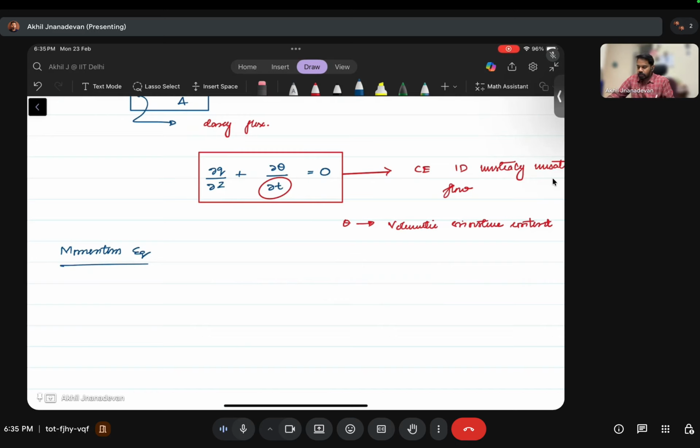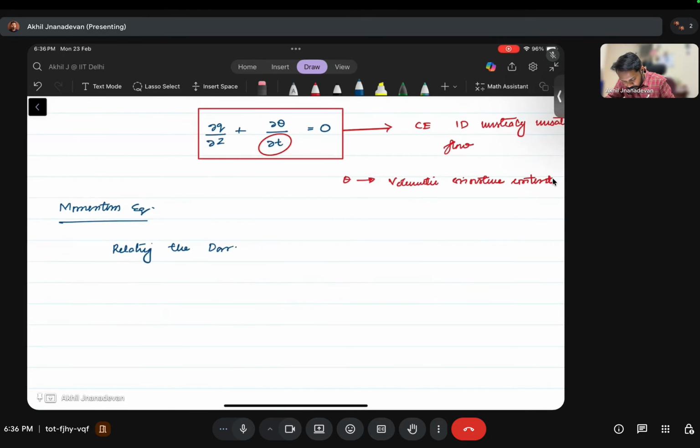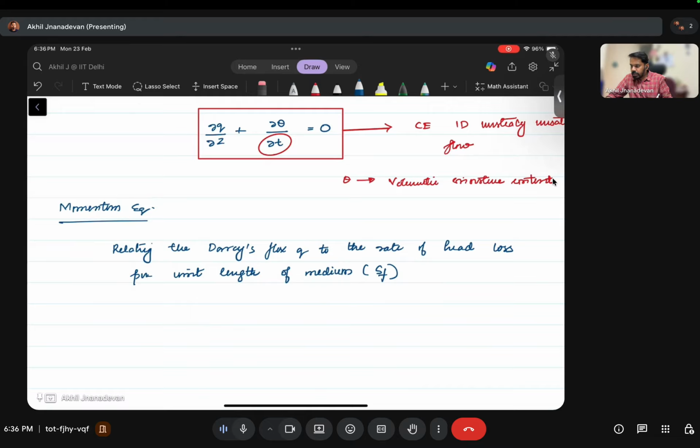We are relating the Darcy flux Q to the rate of head loss per unit length of the medium, which we represent by SF.